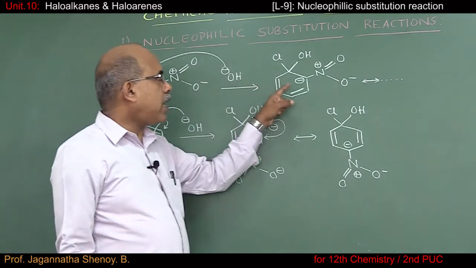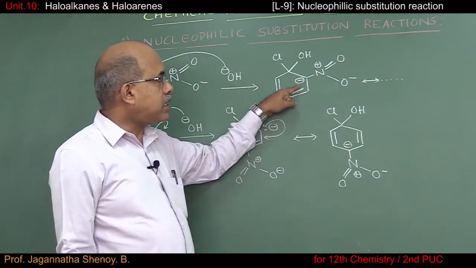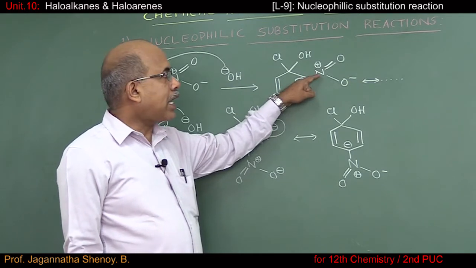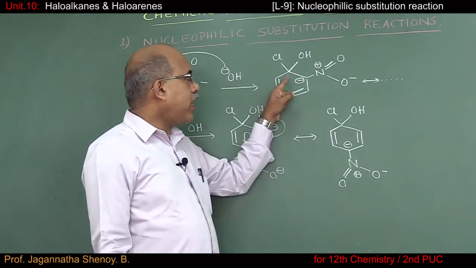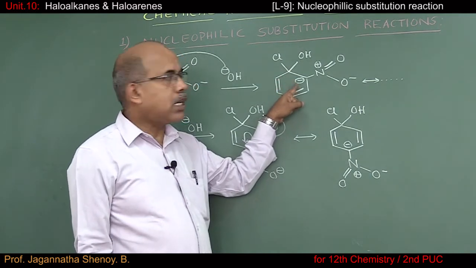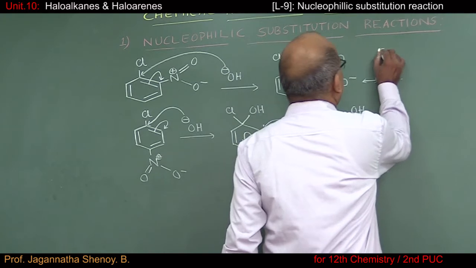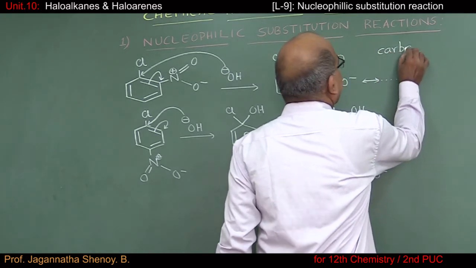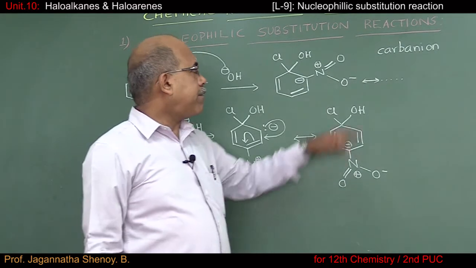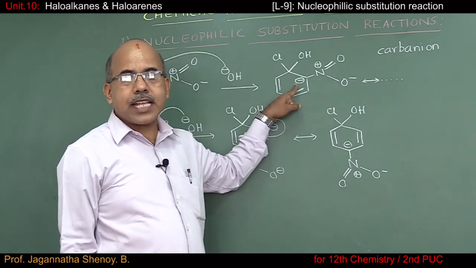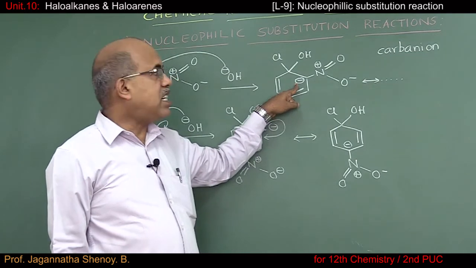So in the first step, you can observe that the negative charge is present on the carbon atom carrying NO2 group. In other words, whatever intermediate formed here is nothing but carbanion. If this carbanion has to be stabilized, this negative charge has to be dispersed.